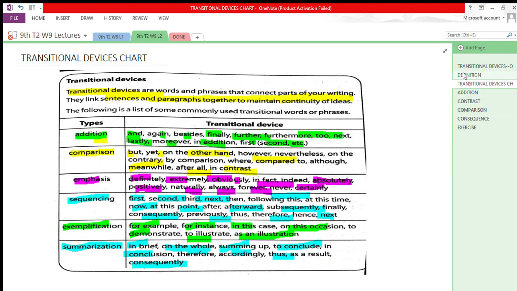Hopefully, you would have understood and you'll utilize this knowledge in your spoken and written language, especially to improve your creative writing, to enhance your point of view, and to give a vivid picture of your writing to the reader. Hopefully, you would have understood. Thank you so much for listening.